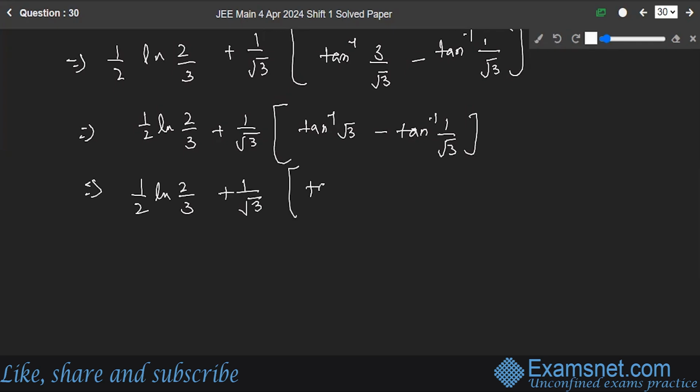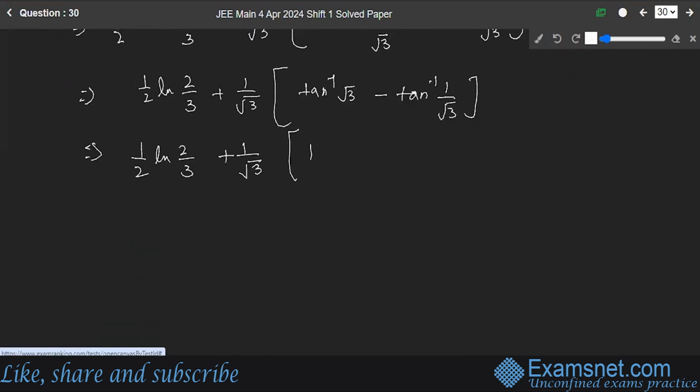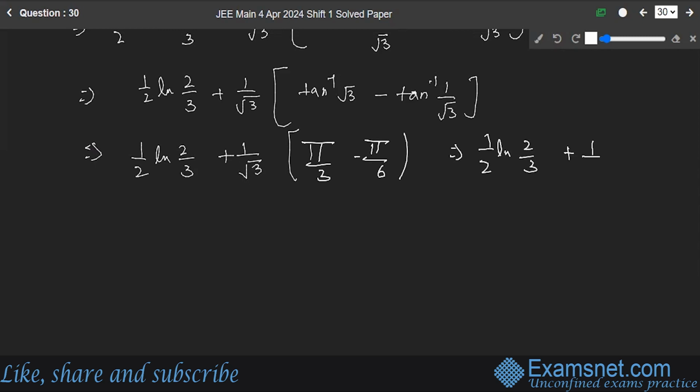This is tangent inverse root 3, which is pi by 3, and this is pi by 6. So this is half log 2 by 3, 1 by root 3, pi by 6.